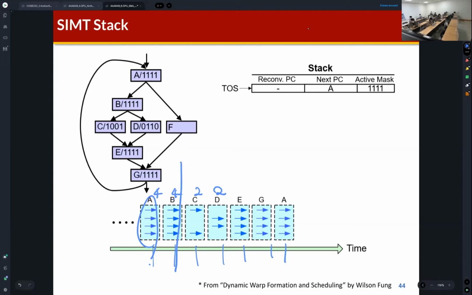Until instruction B, the IPC for this warp is 4. I simply calculate it. But in the divergent paths C and D, the instructions per clock becomes 2. So what's the problem?